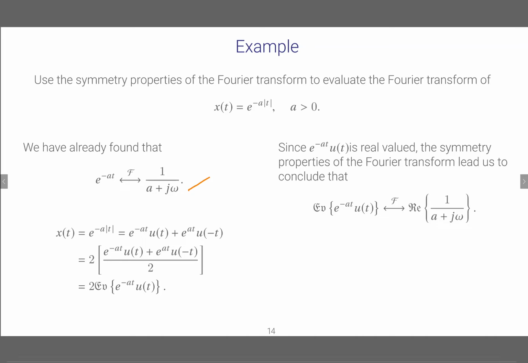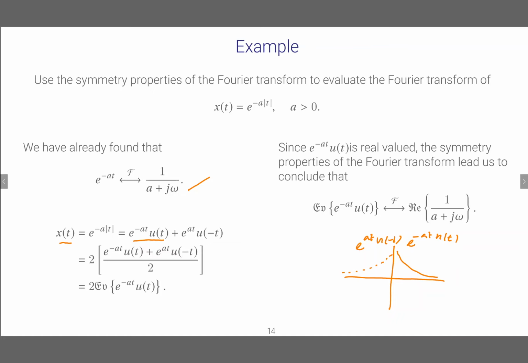So let's consider x(t) now, e to the power of minus a modulus of t, which is equal to e to the power of minus at u(t) plus e to the power of at u(minus t). For a greater than 0, this is e to the power of minus at u(t), and I can sketch e to the power of at u(minus t) as this dotted line.